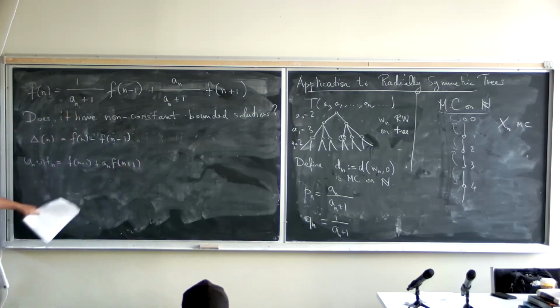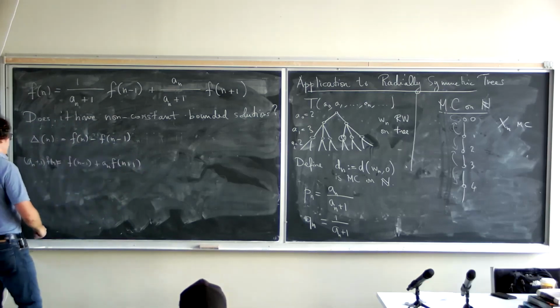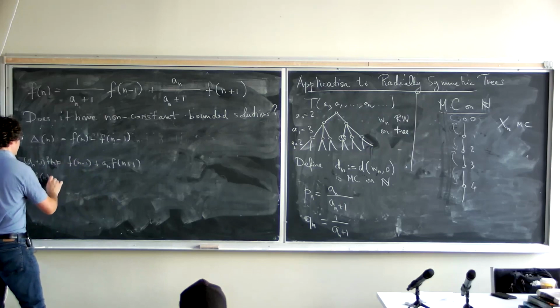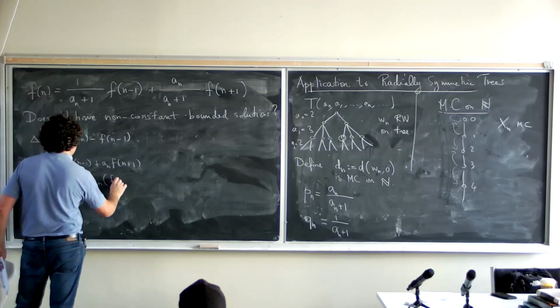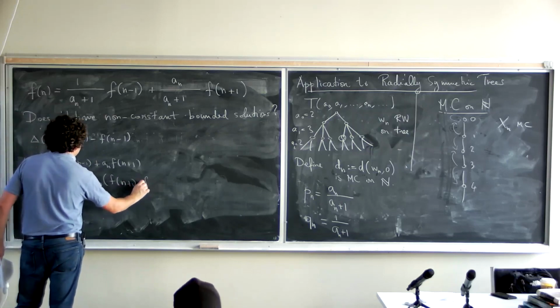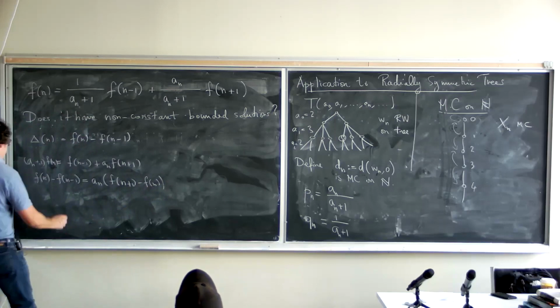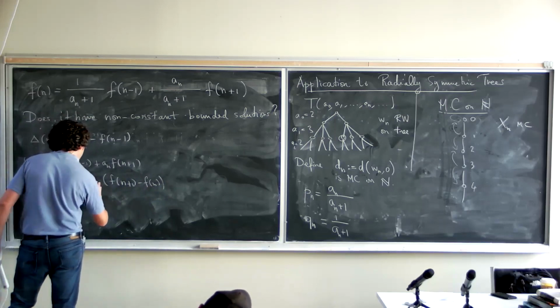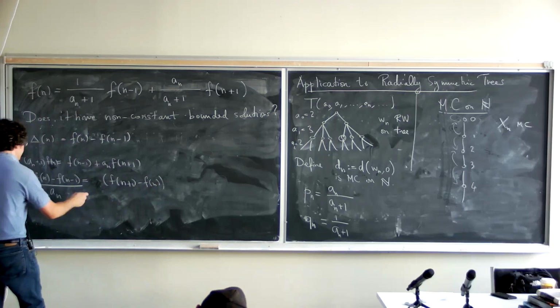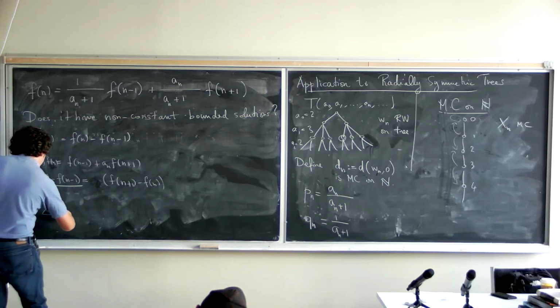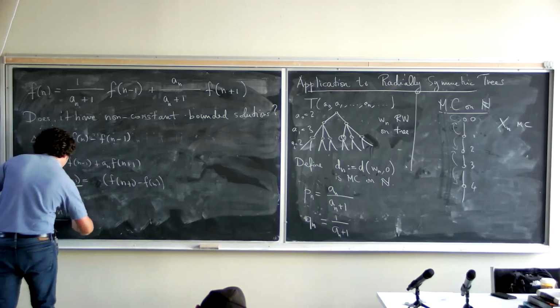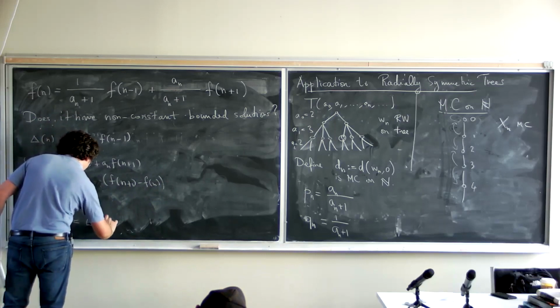We bring the f of n to the other side. What we're going to get is f of n minus f of n minus 1 equals An times f of n plus 1 minus fn. Right? And so we bring An down here. So this just means that delta n over An equals delta n plus 1.